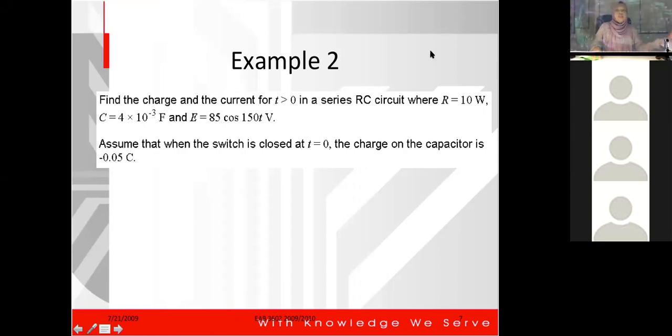Dapat tak? Voltage across capacitor. So, tunjuk kat kamu VC. Nampak kan?